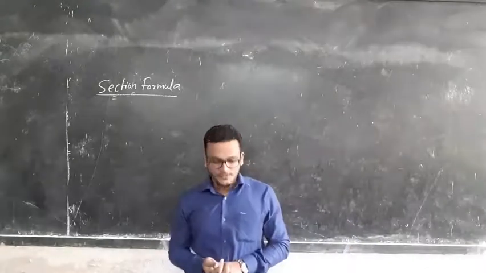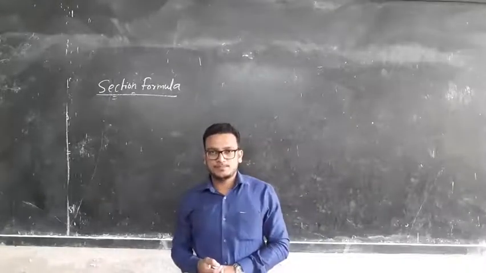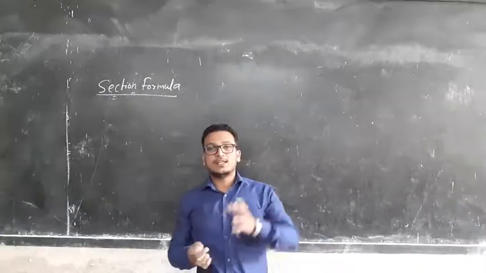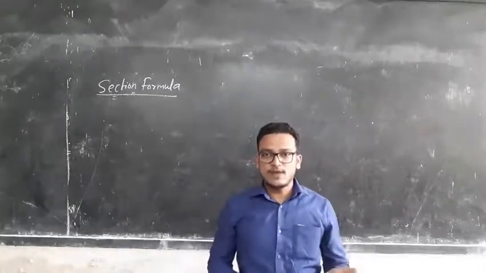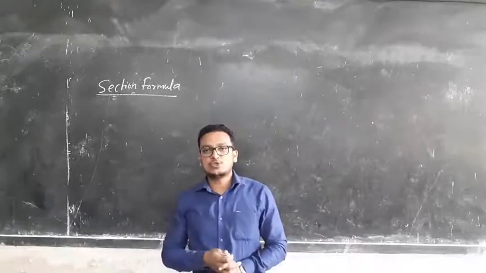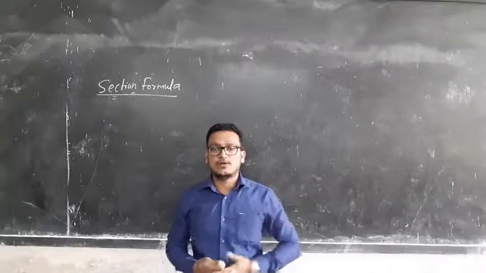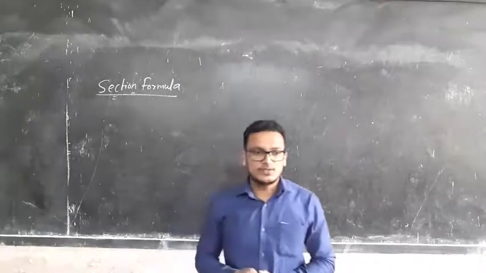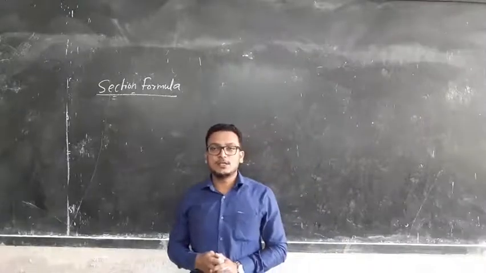What is the statement? Suppose there are two points A and B, or you can say the line segment joining the points A and B, which is divided by a third point, say P, in the ratio m is to n, internally and externally. Then we have to find the formula for the internal ratio and for the external ratio.